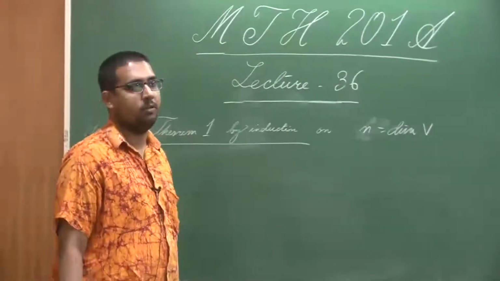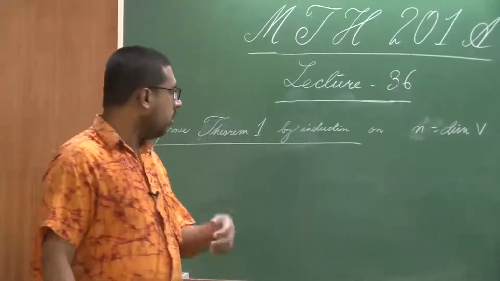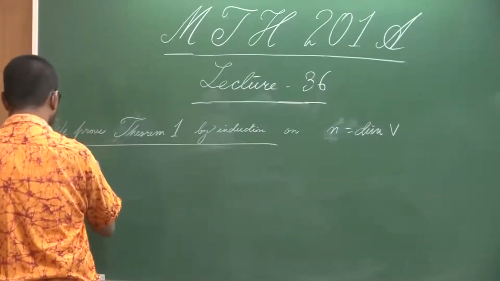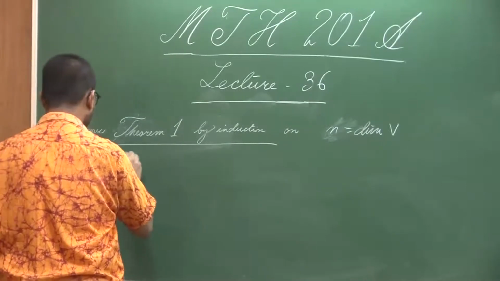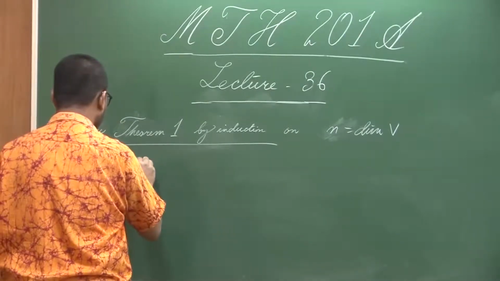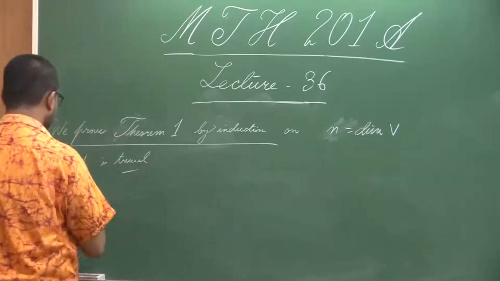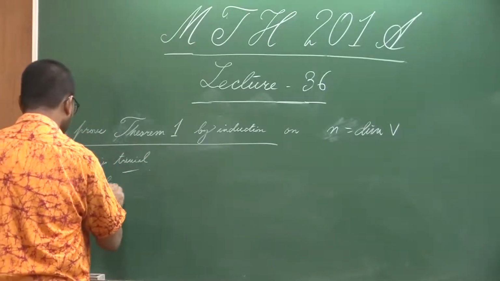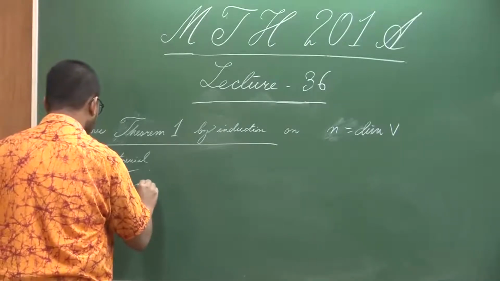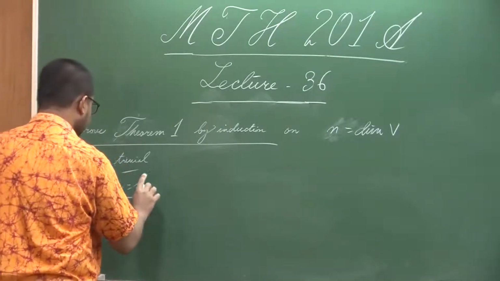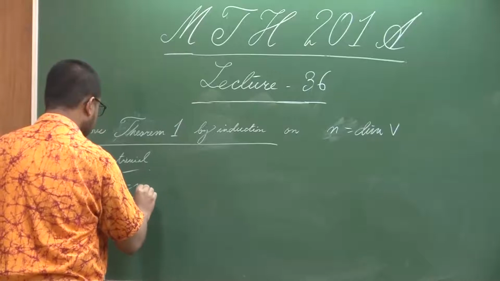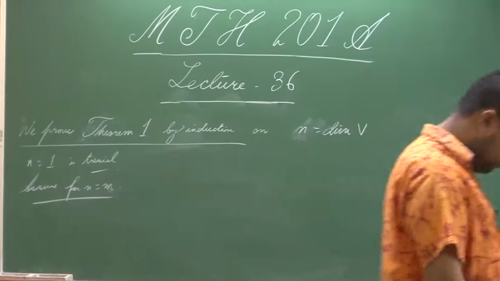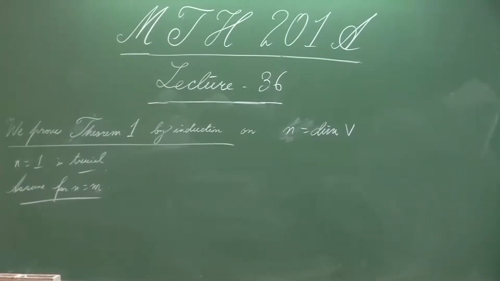So, the degree is exactly 1, and n equal to 1 is trivial. Okay. So, assume it for n equal to m. Now, we prove for n equal to m plus 1.